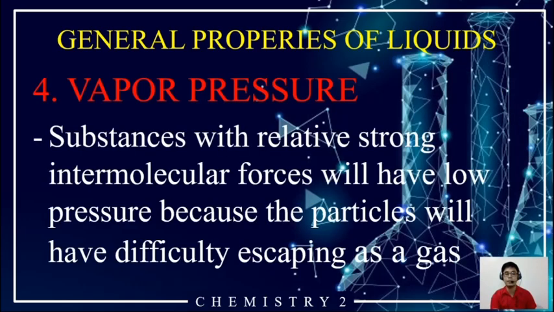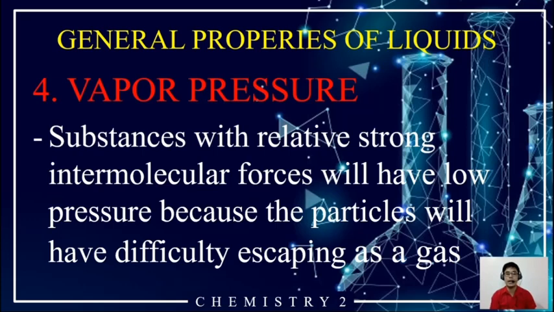And what will happen is that the substances with relatively strong intermolecular forces will have low pressure because the particles will have difficulty escaping as a gas. So definitely, the greater the intermolecular forces of attraction will result into a lower vapor pressure.